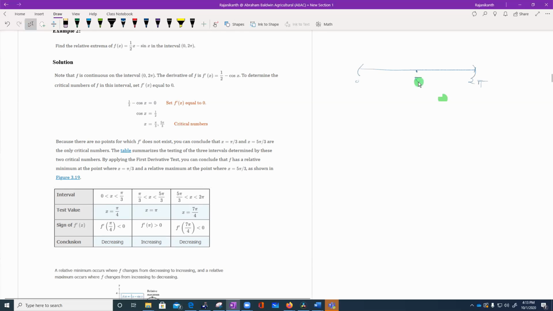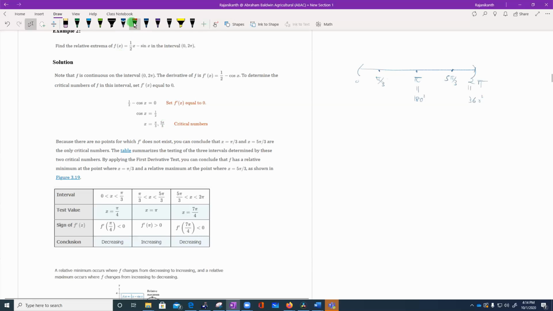Remember, pi means 180 degrees, and this is 360 degrees. So the first critical point is pi over 3, 60 degrees, somewhere here. The second critical point is 5 pi over 3, which is bigger than pi. It is 300 degrees, so that is somewhere here.